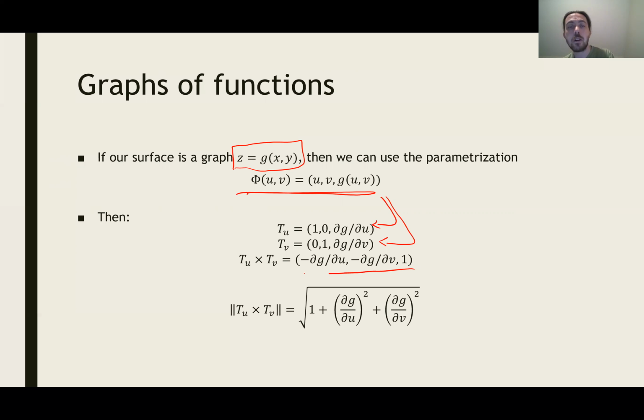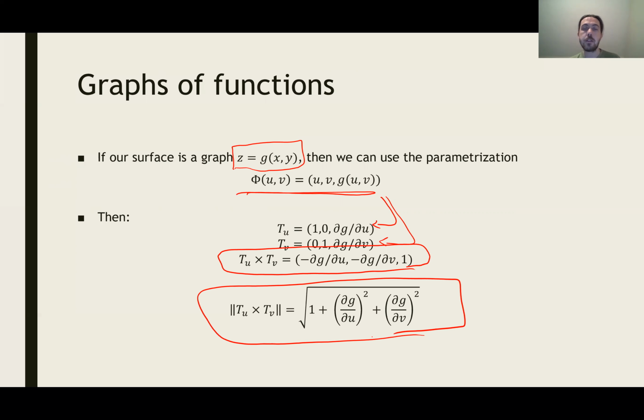And our cross product has this formula: minus del g del u, minus del g del v, comma 1. And so when we feed that into our length calculation, the length here is the square root of 1 plus the first partial derivative squared plus the second partial derivative squared. So this formula here is worth remembering because it greatly simplifies everything that goes into this surface area calculation when we have the graph of a function.